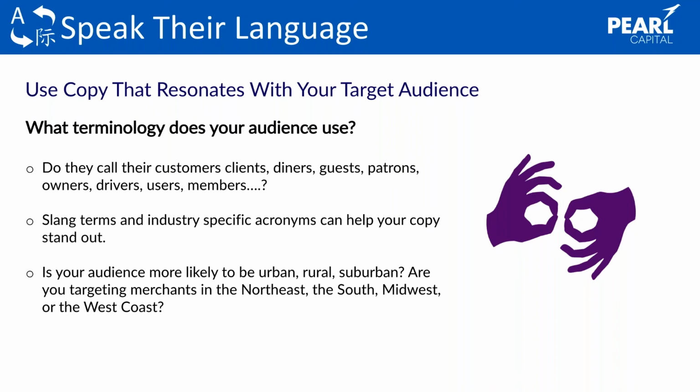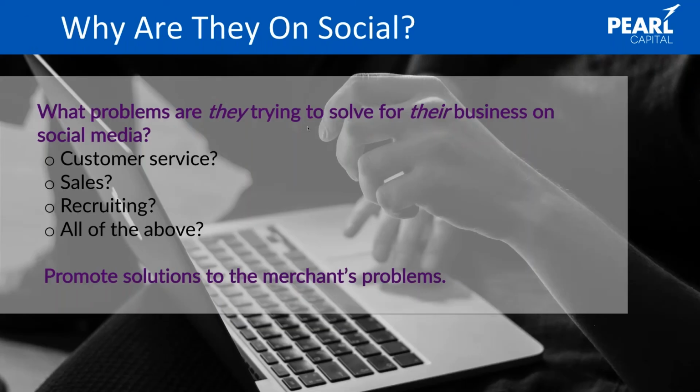Understand why they're on social. This is particularly important for you when you're marketing to a merchant. The language you use and the topics you use, the solutions you're selling, it's not just money. You're not just selling access to capital. You're selling access to capital because that capital needs to be used to solve a problem for the merchant.